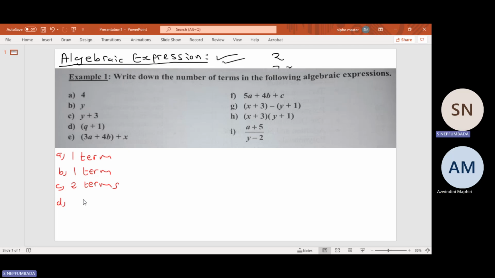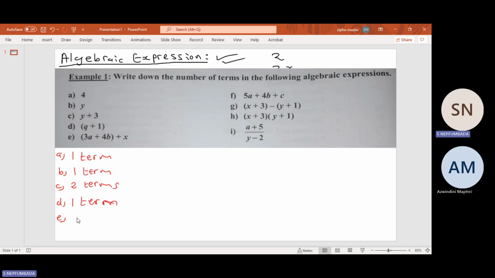The fourth one, how many? One. Yes. However, we have two terms inside the brackets. The brackets group the terms together and they are considered as one term. It means we've got one term. E, how many terms do we have? Two.